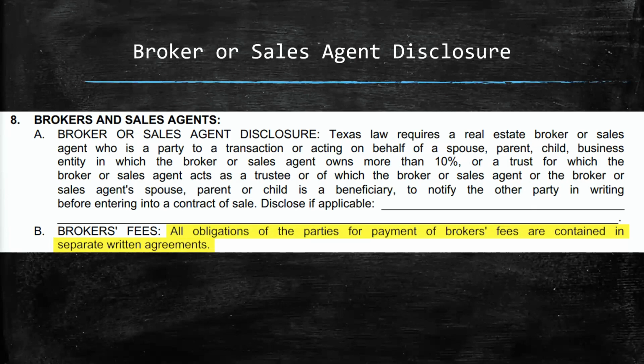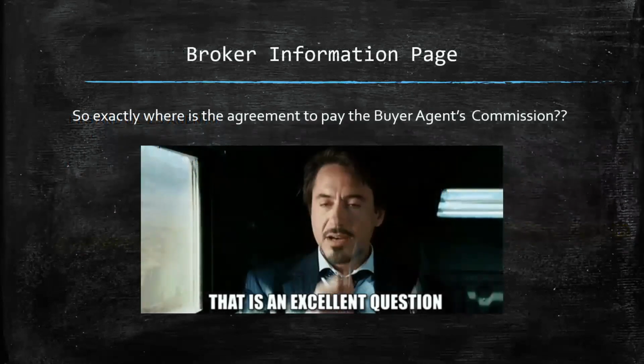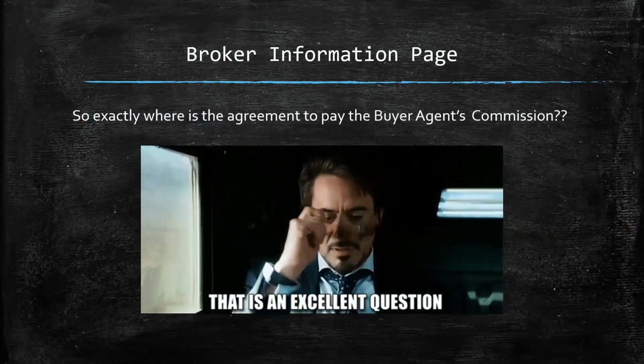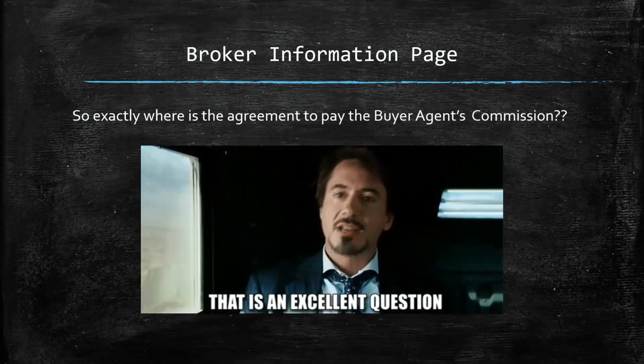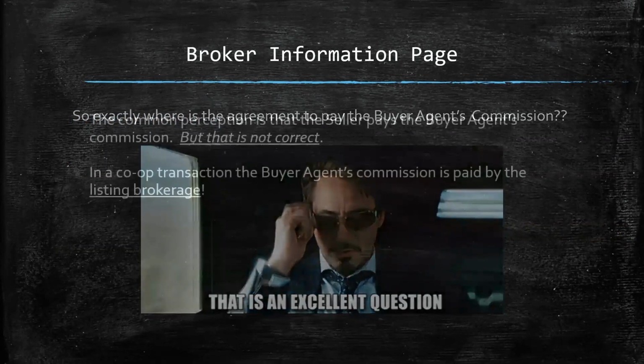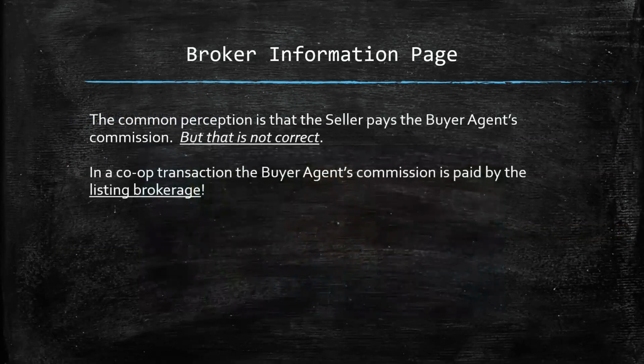And it also does not change any MLS offer of compensation from the listing brokerage to the buyer's brokerage. Well, in that case, okay, so where exactly is the agreement to pay the buyer agent commission? Where is that agreement located? And that agreement is found in the MLS offer of compensation.